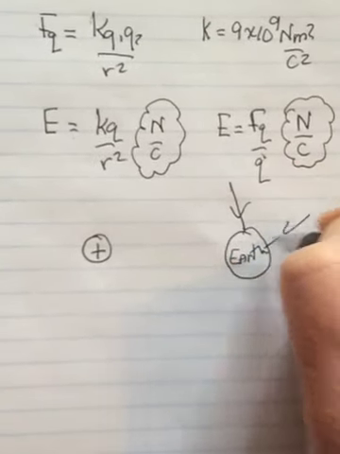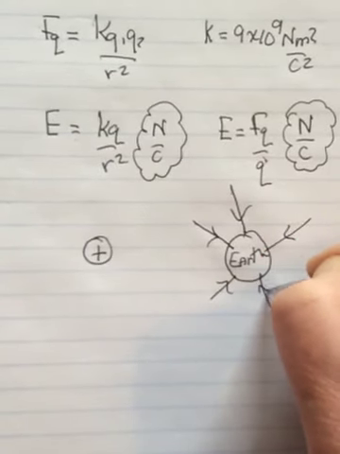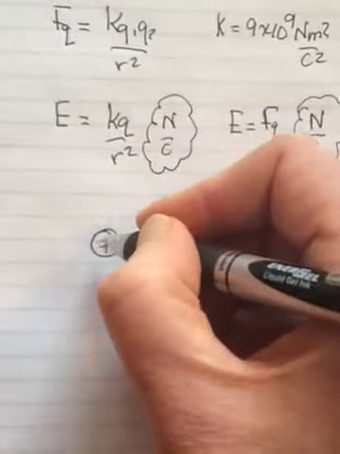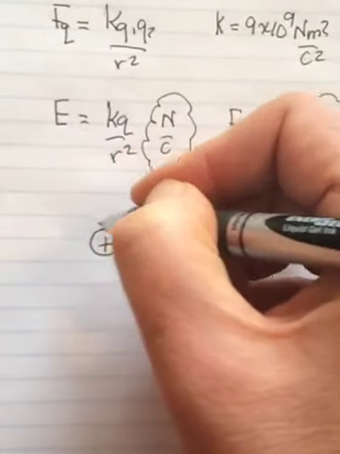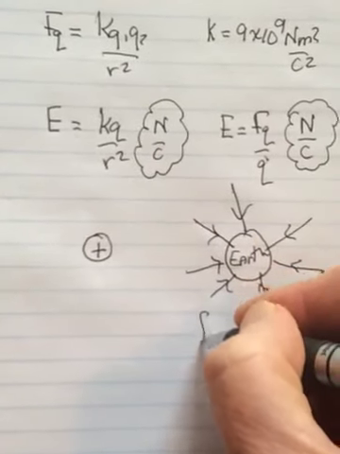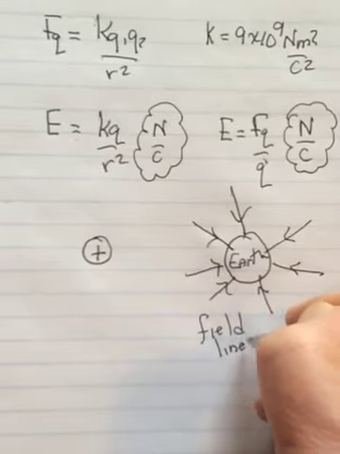We know that no matter where we put an object around the Earth, it is going to experience a gravitational force of attraction inward. But if I have a positive charge, then these things that I just drew here, they're called field lines. And they show the direction of a field at a particular point.